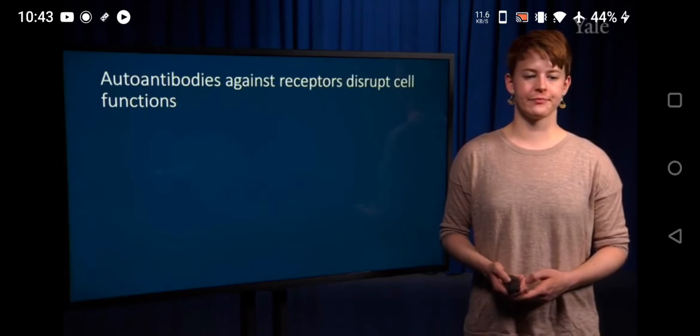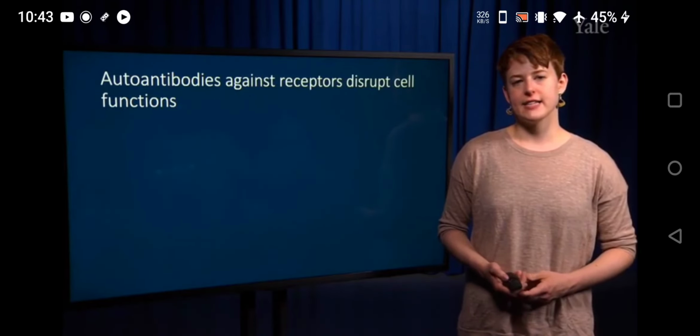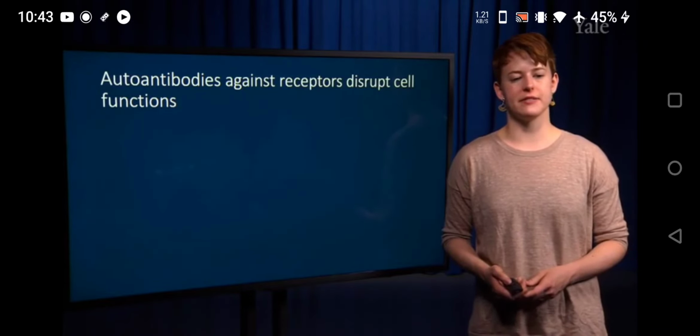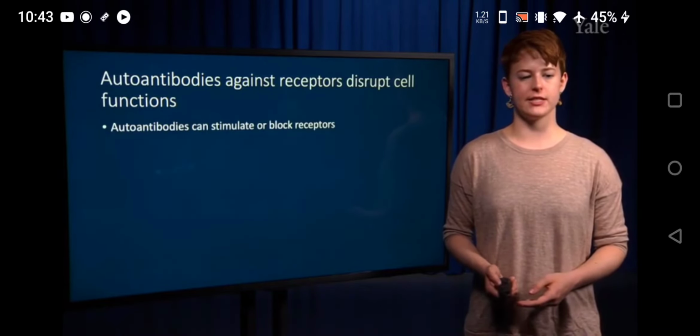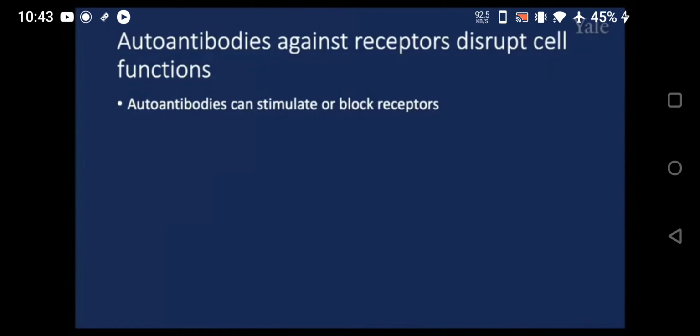Autoantibodies also can disrupt cell function. So, in particular, autoantibodies can block cell surface receptors, and they can either block them or stimulate them, and these can lead to different types of disease. And typically, in a disease where this is an important part of the mechanism, the blockage of these functions will actually lead to the symptoms of the disease.